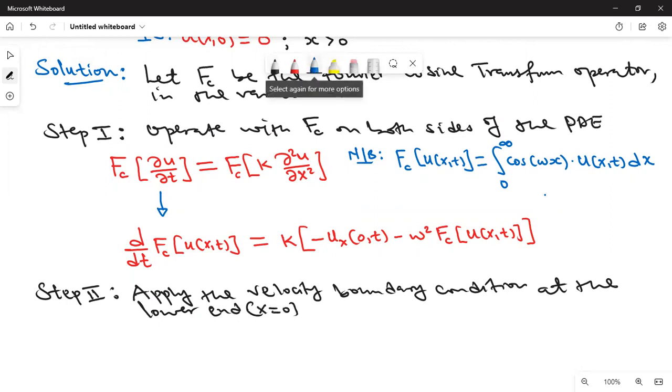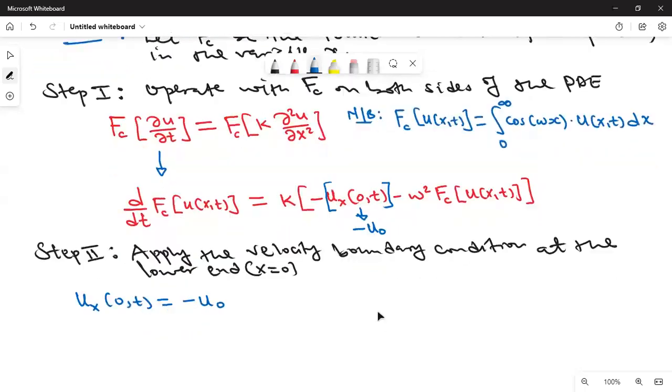We are told u subscript x when x is 0 is equal to negative u naught. U naught is a constant. So this one here should be equal to negative u naught. You see it will cancel with the other negative so that we have positive u naught.